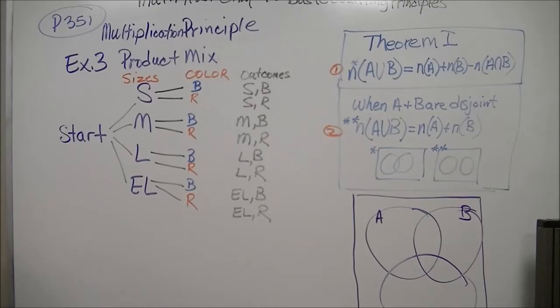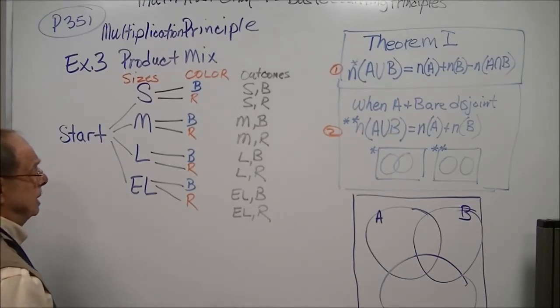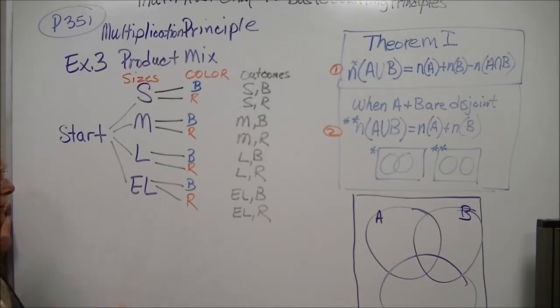Now, how did you know that? Well, you made a tree displaying your possible combinations. And you might say, do I have to make a tree every time? Well, the answer is no. And what they're going to show you now in our next little part is the mathematical way of doing this.